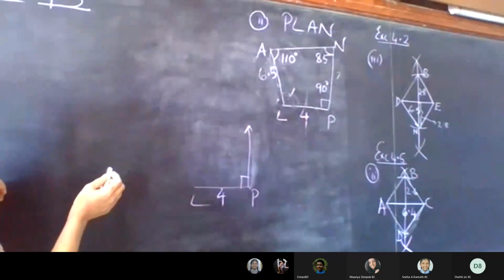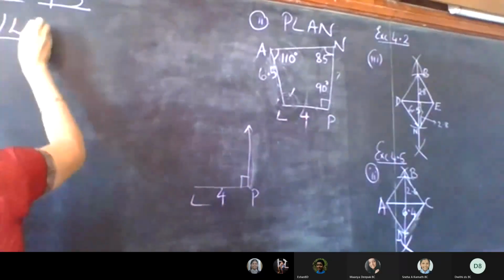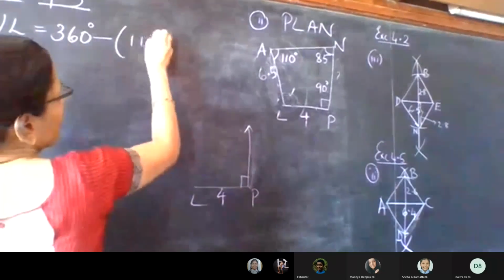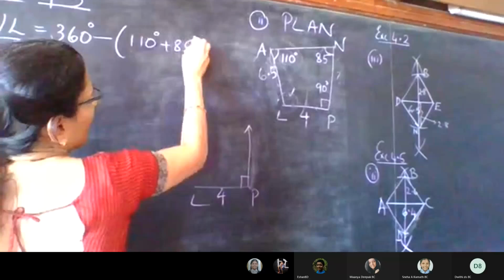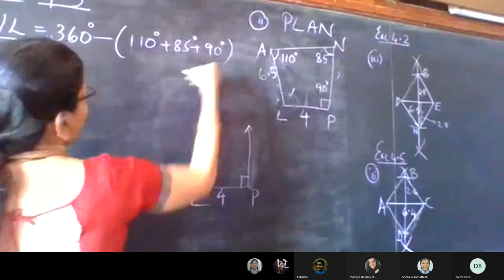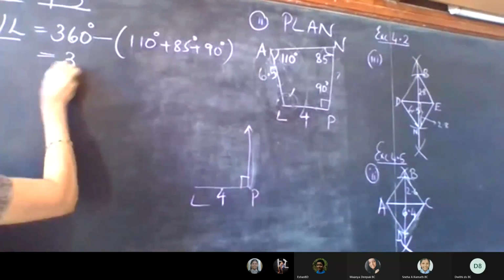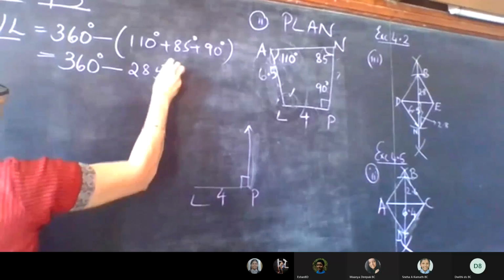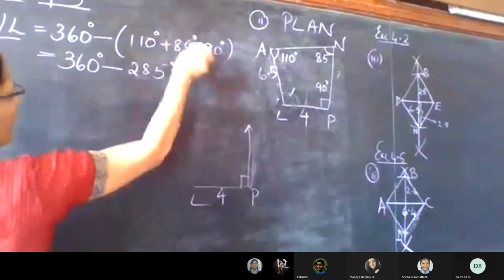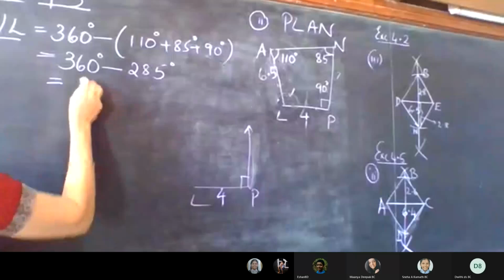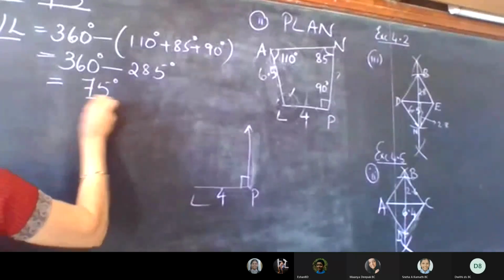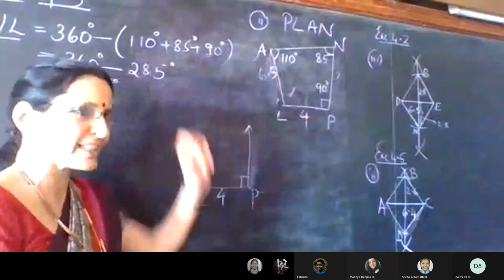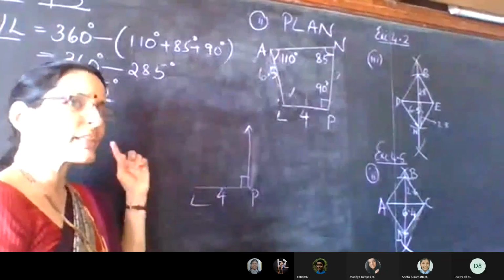Is it clear? So angle L is equal to 360 degrees minus (110 plus 85 plus 90). So this comes as 360 degrees minus 285, that is 200 plus 85. 75 degrees. I was very happy seeing that only 90 I have to construct, but now 75 came.